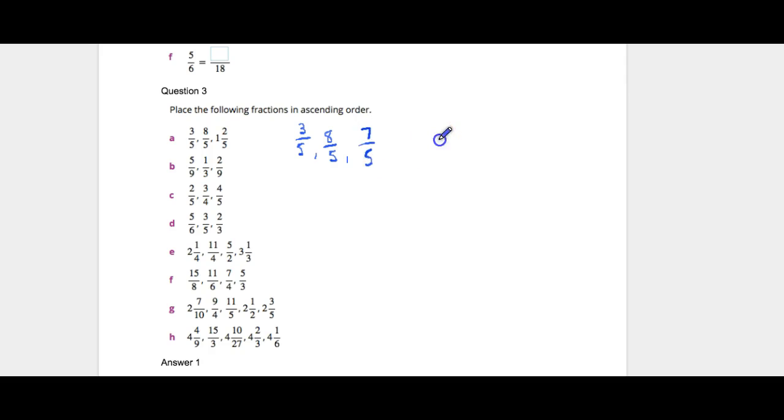Okay, so we want to put that in order now. So the smallest is 3/5, then we have 7/5, then 8/5. And if you can, rewrite them as they were originally written. So 3/5, 1 2/5, and then 8/5.